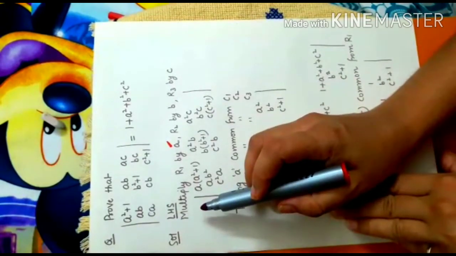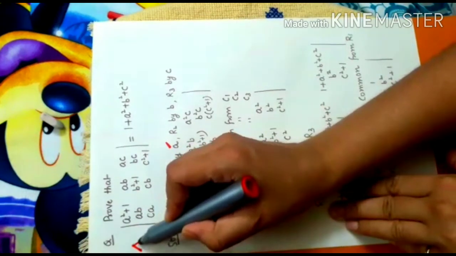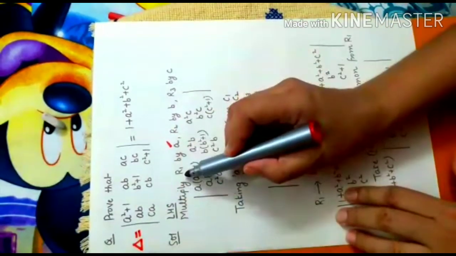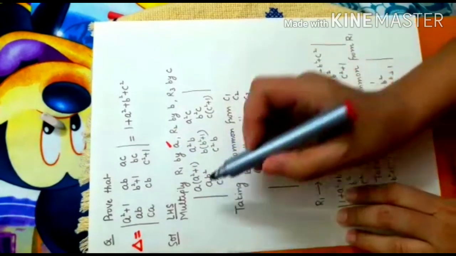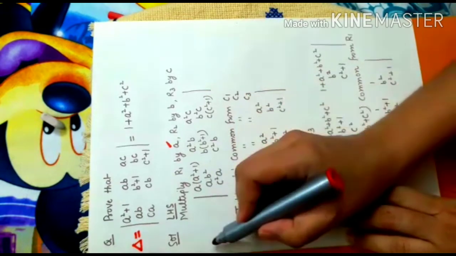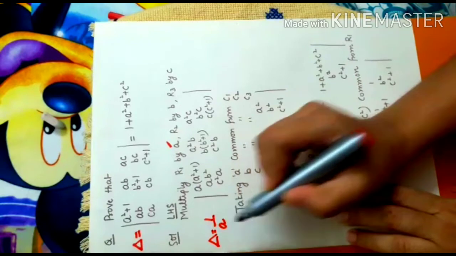You know that when elements of a row are multiplied by a constant, then the value of the determinant also gets multiplied by that constant. So if this is the determinant delta, now if I multiply the first row by a, that means my determinant will also get multiplied by a. So to balance this, I have to divide by a.